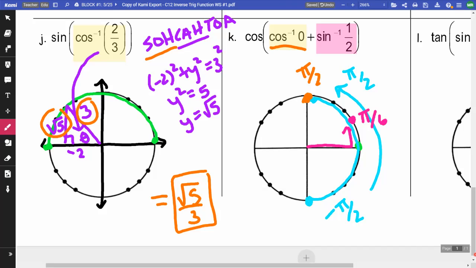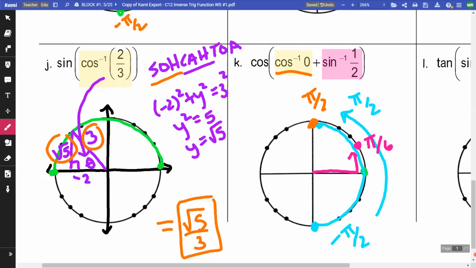So now for this problem, I'm going to write it right above. Now I really want to find cosine of, and the first answer was pi halves, plus my second answer is pi 6. Let me clean that up. So that's going to be cosine of, and pi halves, I can rewrite as 3 pi 6.